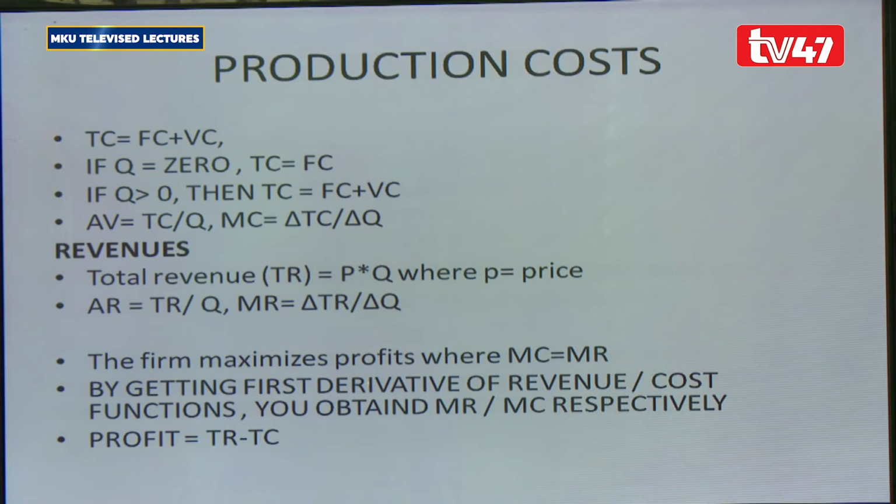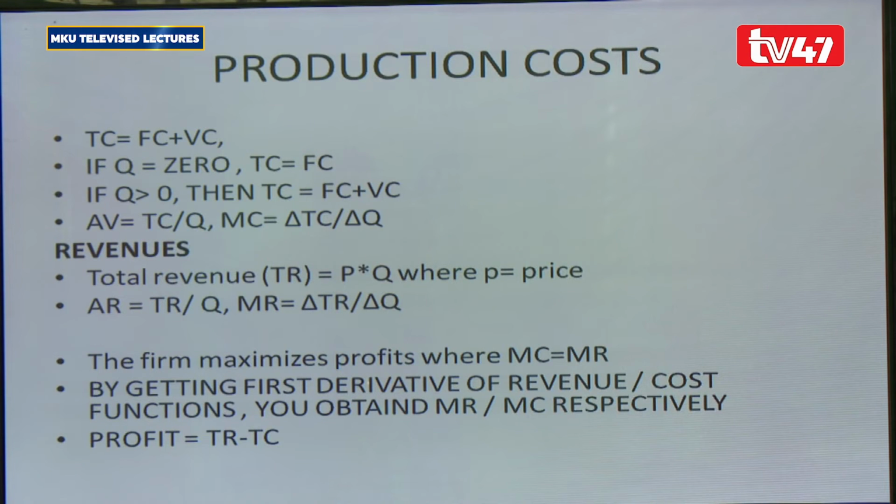The firm, and not only the firm, every other institution, will always maximize its profit where marginal cost is equal to marginal revenue. By taking the first derivative of the revenue or the cost function, we are able to get the marginal revenue or the marginal cost.